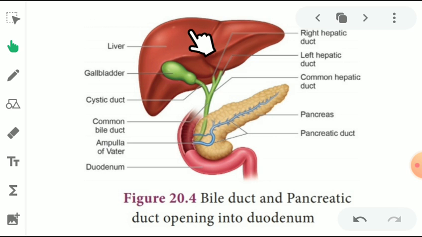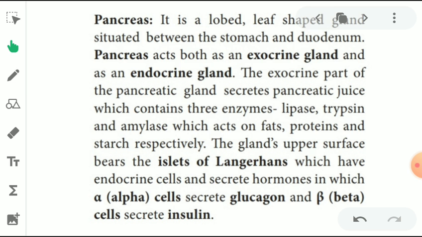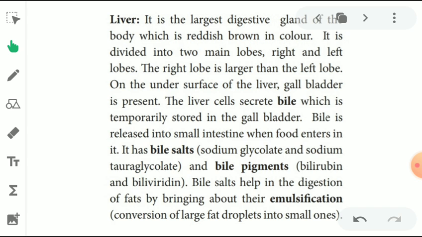The liver secretes a juice, that juice is bile. On the under surface of the liver, the gallbladder is present.